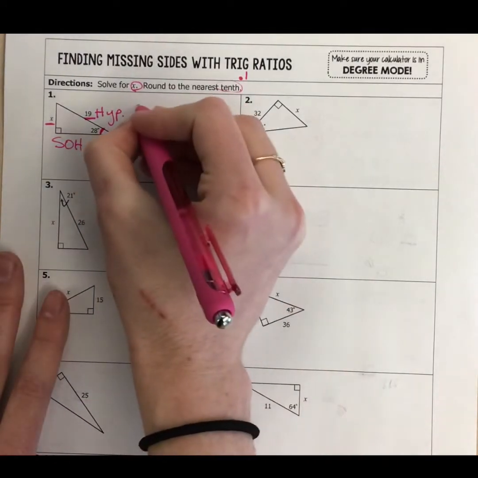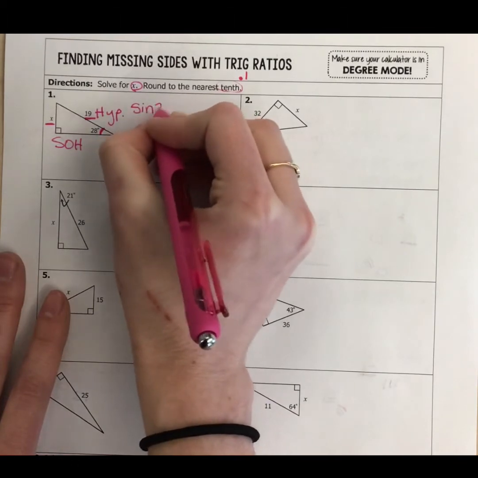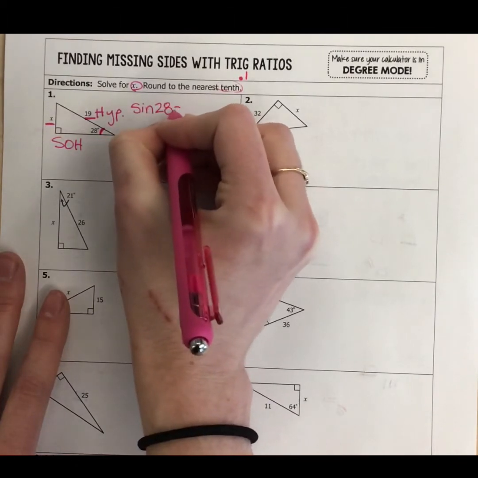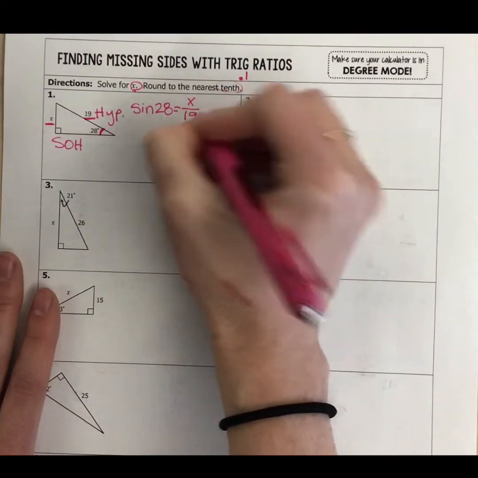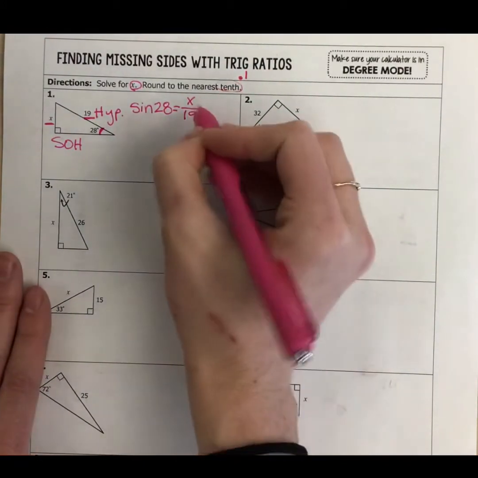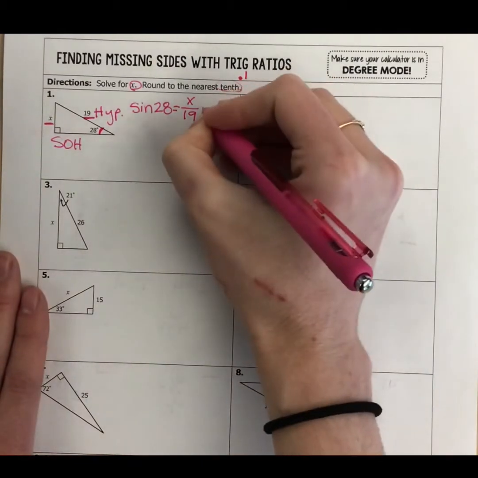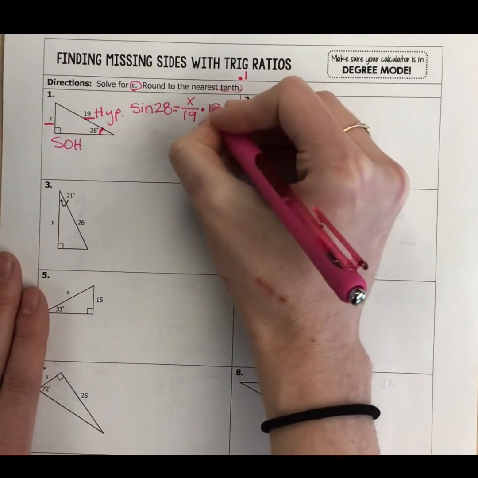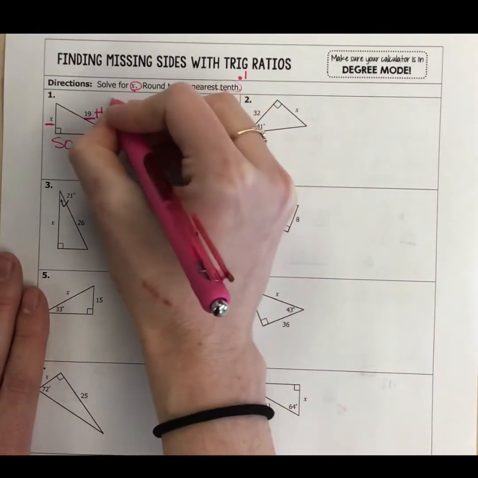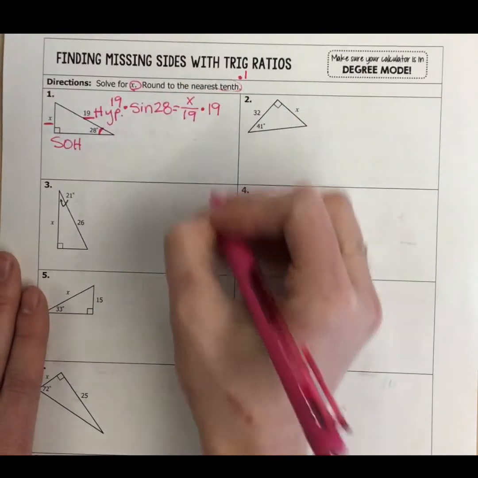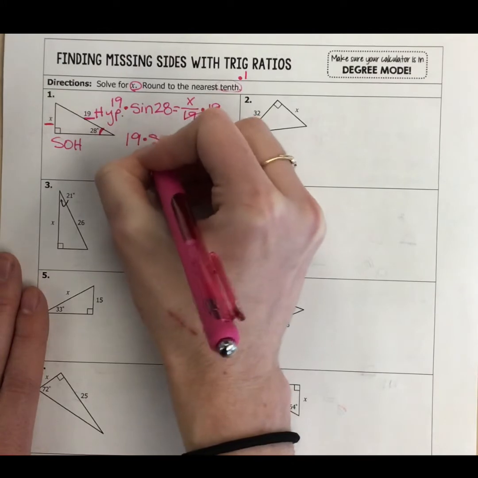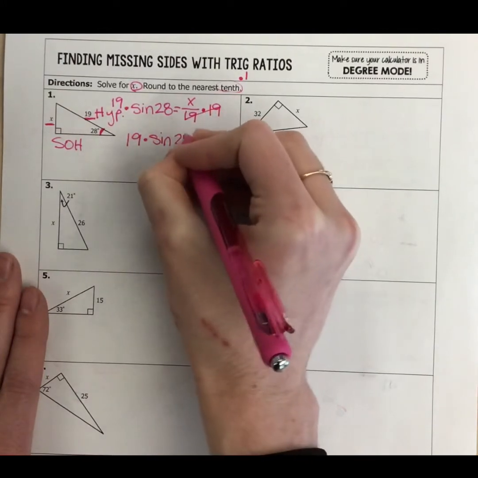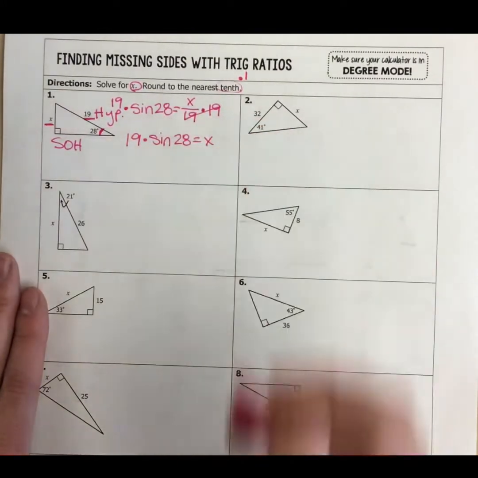So I would set this up to be sine of 28 equals x over 19. Now, if we want to solve for x, we're going to have to get rid of this 19. In other words, we need to multiply it on both sides. So I'm left with 19 sine 28 equals x.